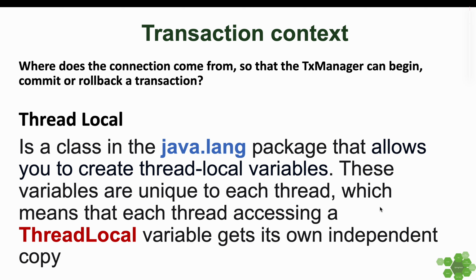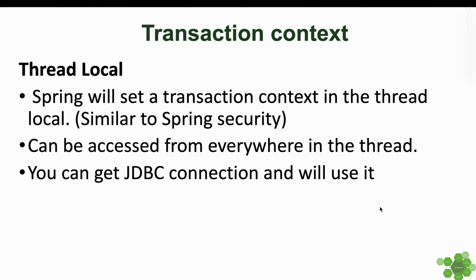These variables are unique to each thread, which means that each thread accessing a thread-local variable gets its own independent copy. But in the context of Spring, Spring will set a transactional context in the thread local.